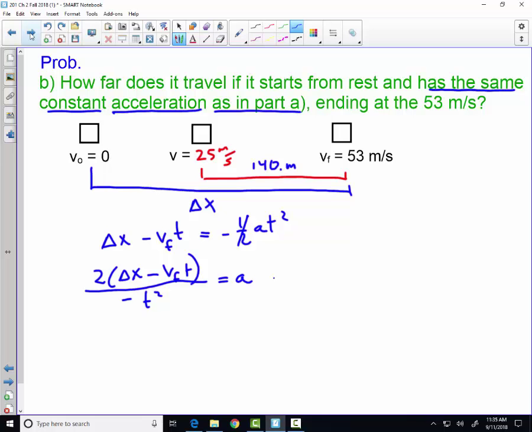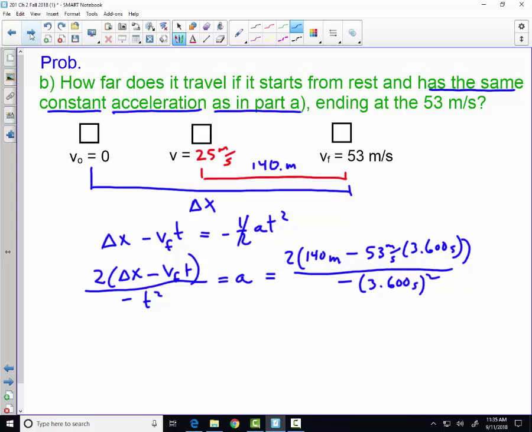So I end up with 2 times 140 meters minus 53 meters per second multiplied by 3.600 seconds, and then all of that divided by negative 3.600 seconds squared.